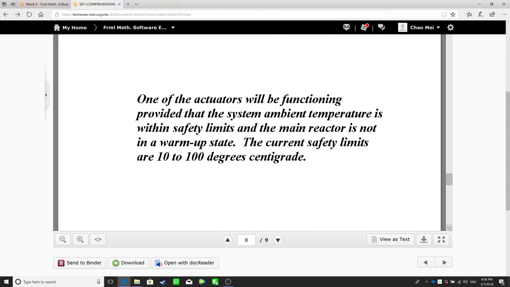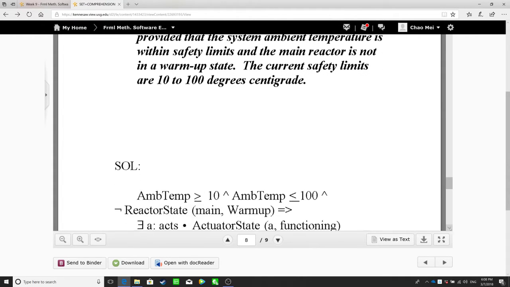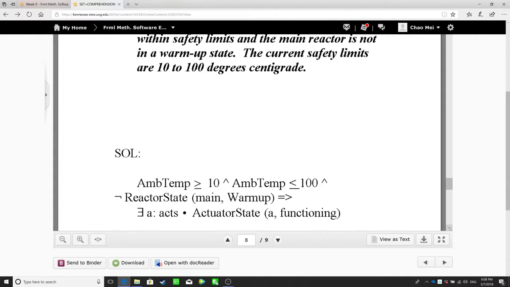Okay, I would not have enough time now, so let's look at the solution here. This E is after this implication.